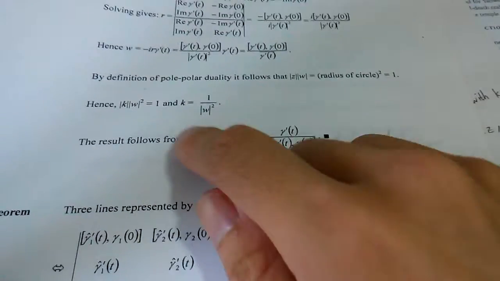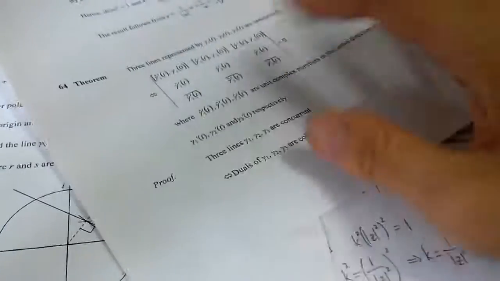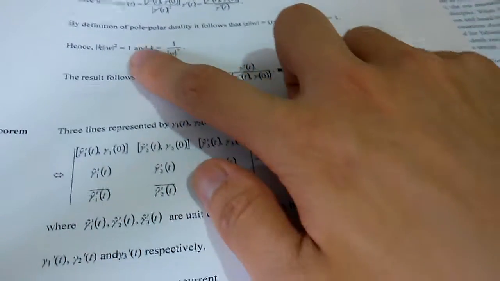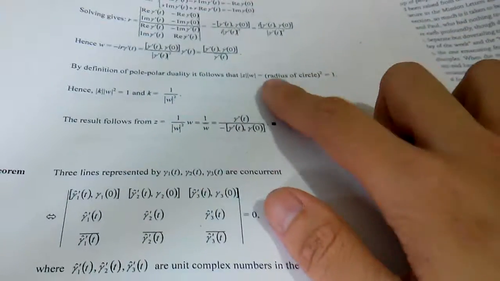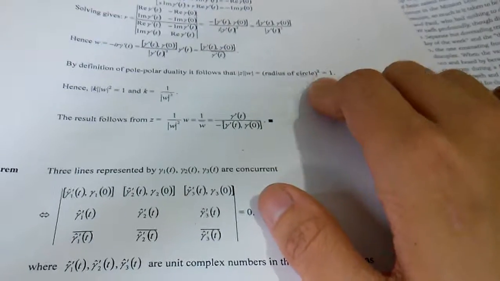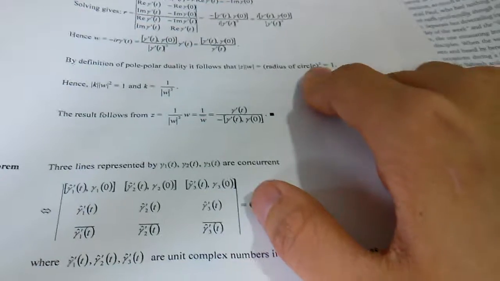So I'm going to find Z. As I said, Z equals K times W. So I have to find this K. But we know that the modulus of Z times the modulus of W is equal to 1, or the moduli multiply to 1.